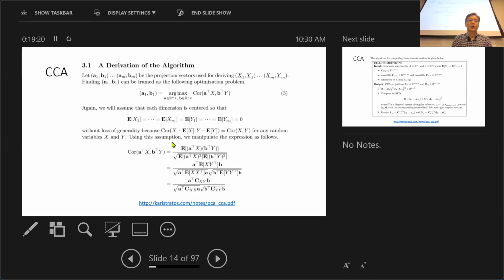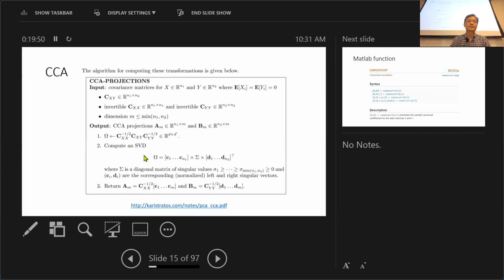With this goal, you can define this expression and all the variables, including the covariance matrix for X itself, the covariance matrix for B, so Y, and also the covariance matrix between A and B data points. So this is the expression of those correlations.